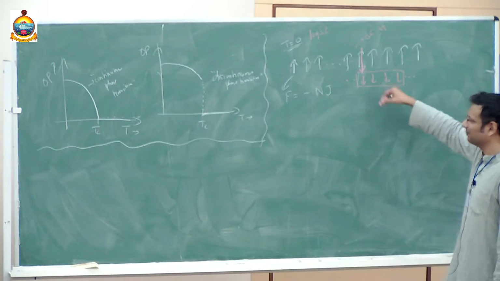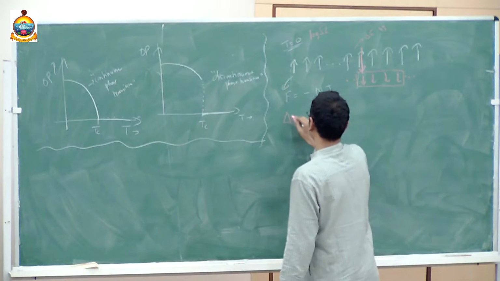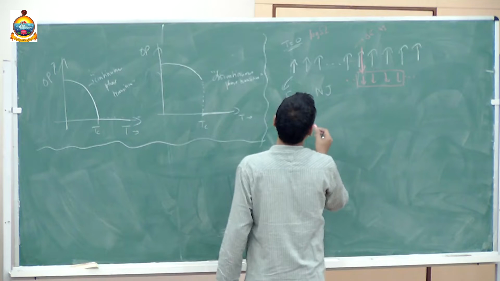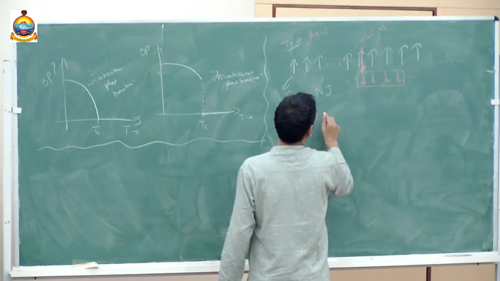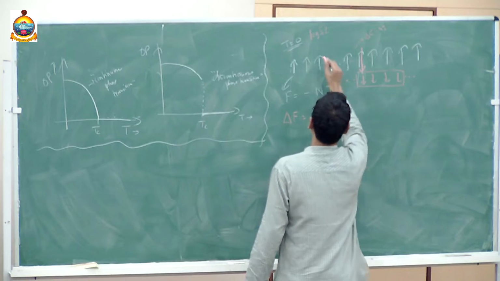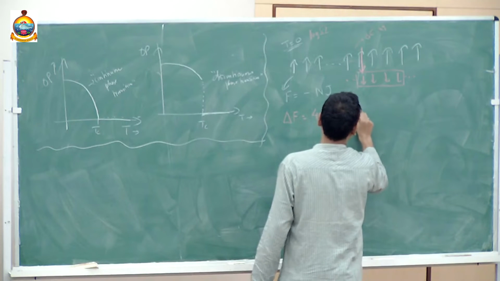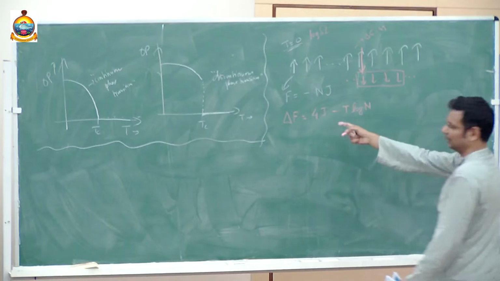So there are in fact many such events which can happen, and for all of them, the delta F compared to this guy would be 4J. So there's an excess energy, but as we just said, there's an entropy gain, log n, agreed?